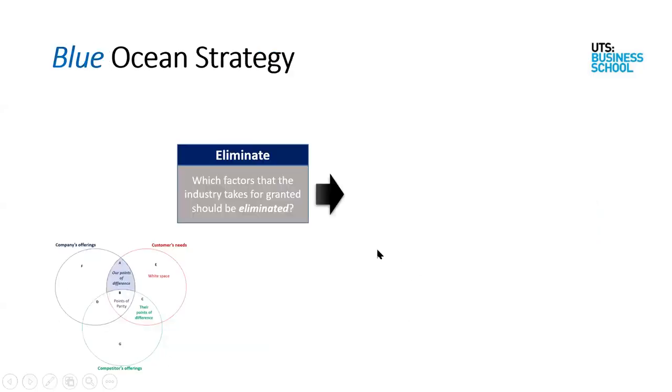To be able to follow the blue ocean strategy requires a certain number of steps. For example, here we come back to the 3-circle insight strategy model, which essentially emphasizes looking at the company's offering, the competitors' offerings, and the customer's need.